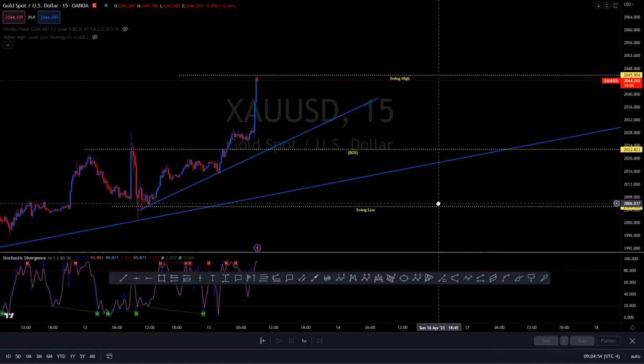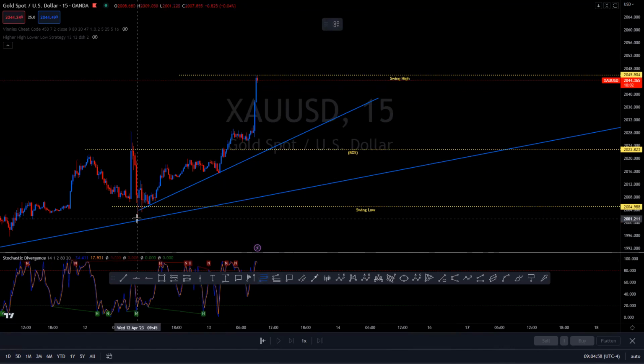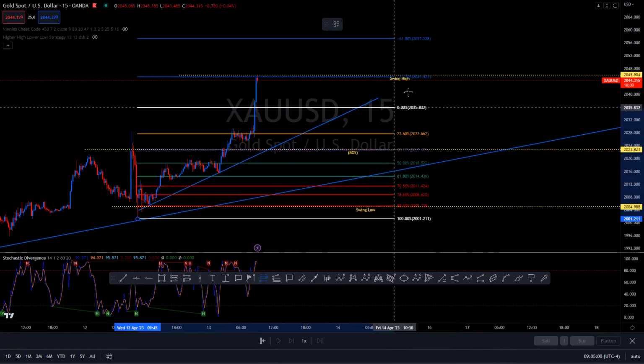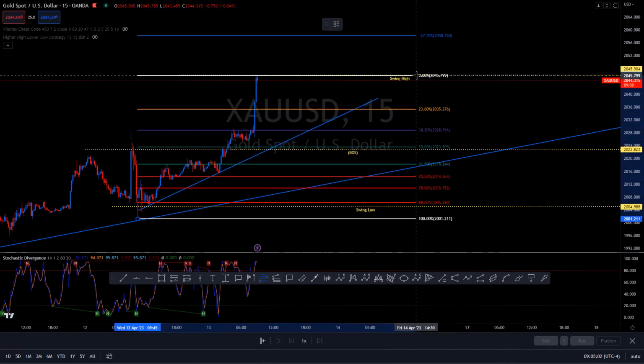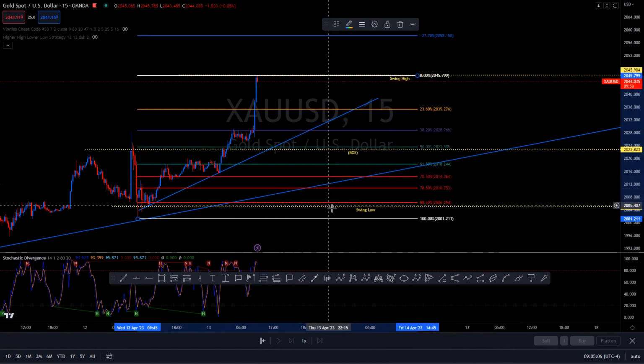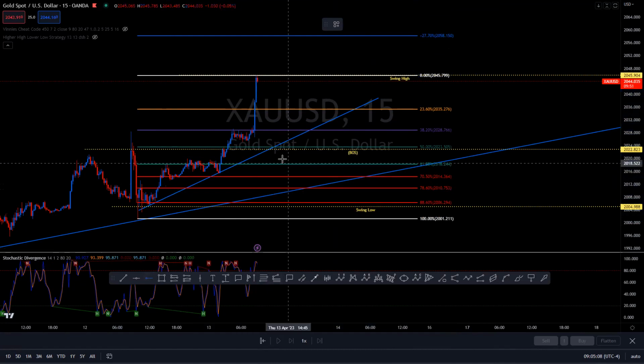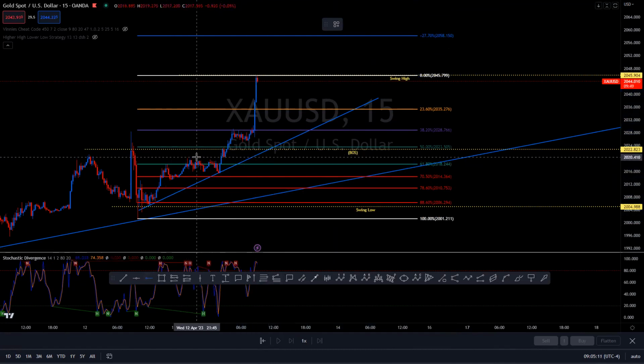Now, the very next thing we're going to do is take our Fibonacci, okay? So we're going to go from the most recent swing low to the most recent swing high up to here, okay? Now, here's what we're expecting price to do. So this is where the 50% and 60% is actually resting, okay? This is the area.